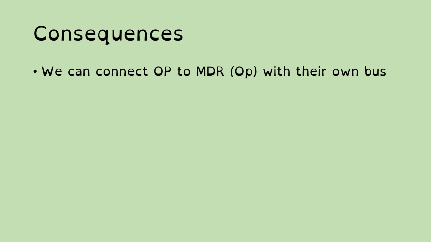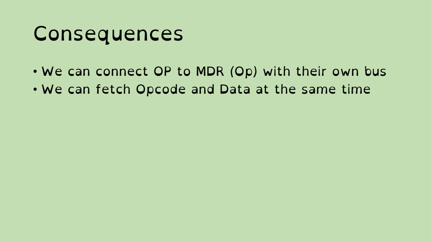So we don't need anything else to have access to them, and the op is going to disambiguate whatever the word is. And then when you've got a separate bus, that gives us another advantage, which means that we can actually fetch the opcode and the data at the same time, because we've got two different buses. We've got no argument about who's using the bus for this.